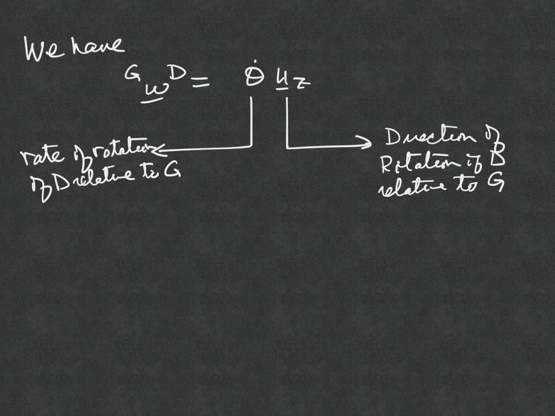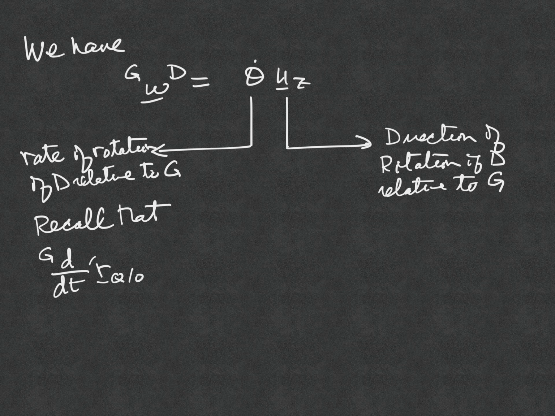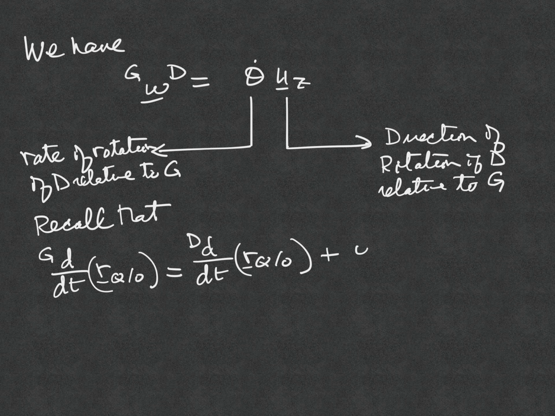So now we have everything we need to apply the transport theorem. So we recall that the rate of change in G of the position of Q relative to O is equal to the rate of change in D of the position of Q relative to O plus the angular velocity of D in G crossed with the position of Q relative to O. And this quantity right here we already know is equal to 0.